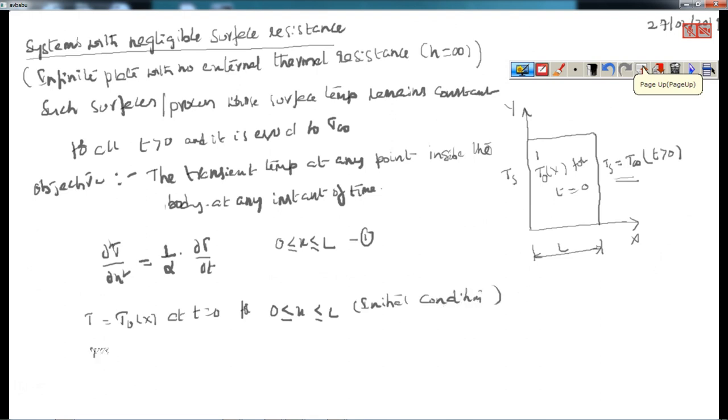Now T is equal to Ts at x equal to 0 for time t greater than 0, and T is equal to Ts at x equal to L for t greater than 0, right? These are the boundary conditions.